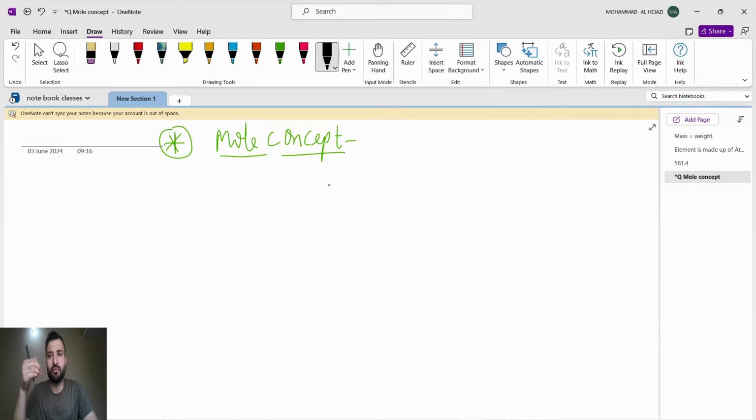First of all, we need to know why we are using the mole concept.